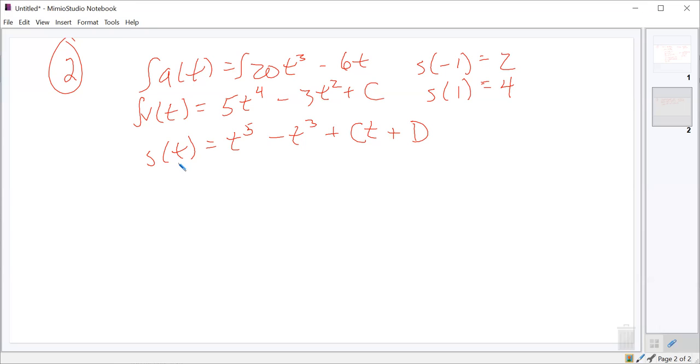So what do you mean plus 2 minus 4? I'm not sure what you're saying, but I'm going to plug in 2 as s of t, and then I'm going to plug in negative 1 for t.